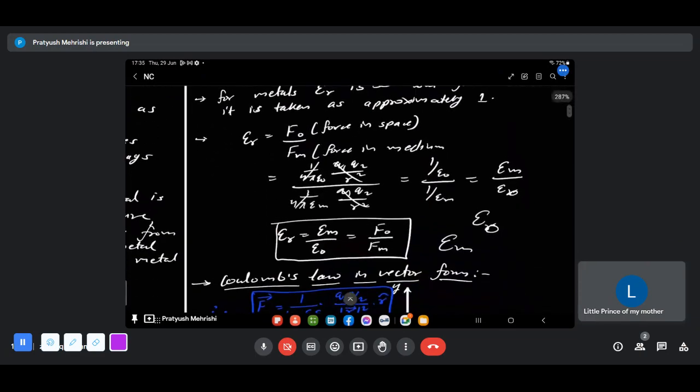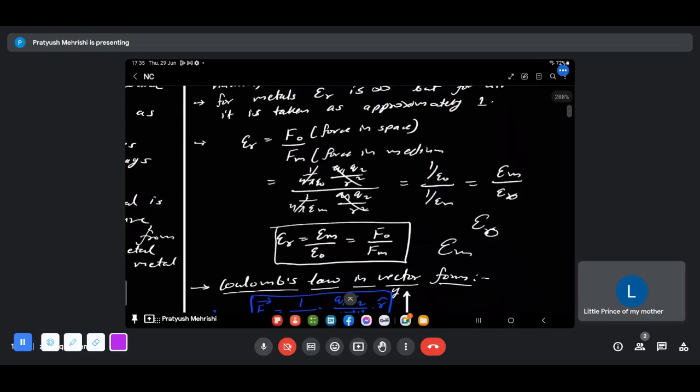Now, this epsilon r or relative permittivity can also be written as force in space divided by force in medium. So we calculate the force in space and divide it by the force experienced by the charges in the medium.